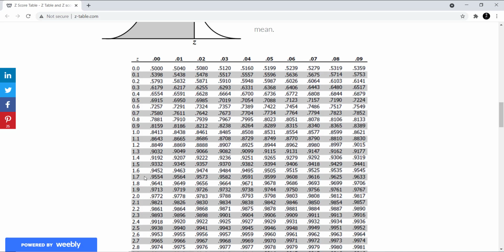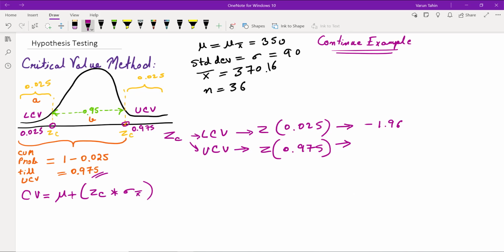Ideally it should be 1.96. You can find this, it is 0.975. It is 1.96 from the Z table. So we'll note here 1.96 positive. So these regions are minus 1.96 and plus 1.96.